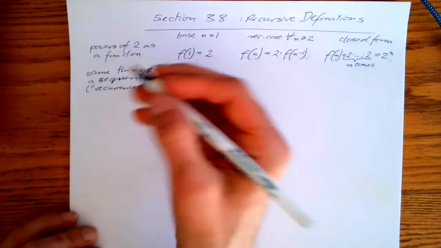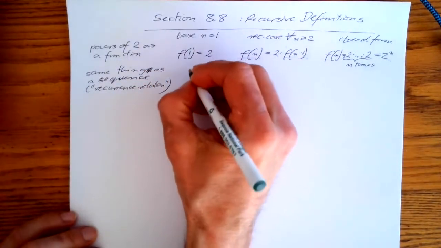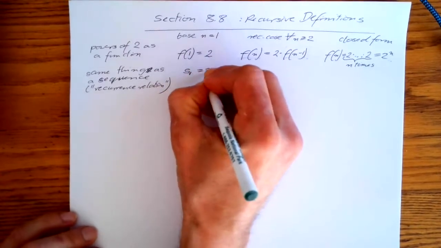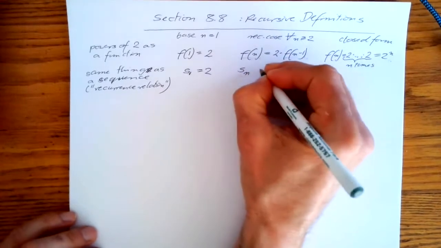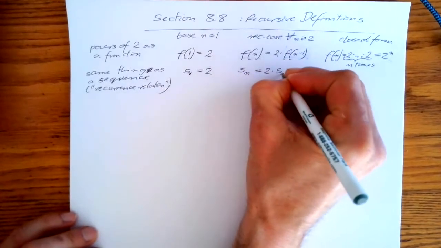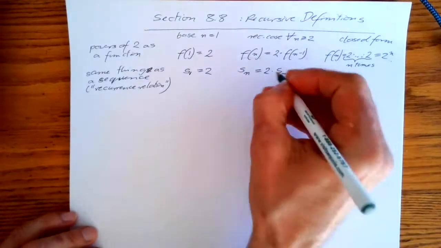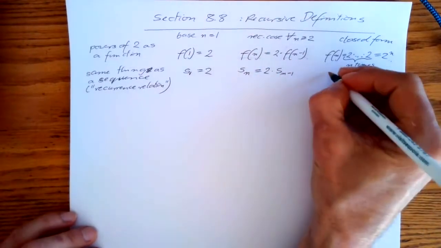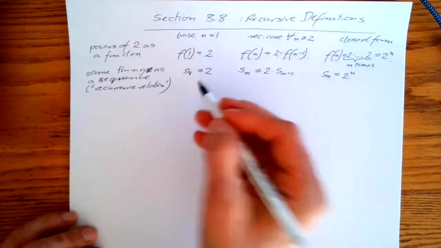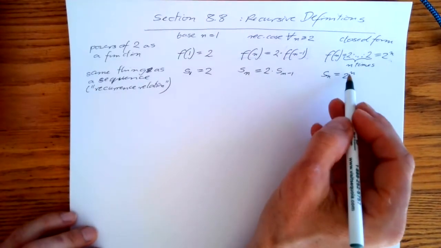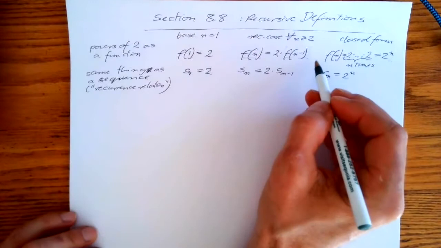So how would the recurrence relation that defines the same thing go? The first element of the sequence is 2, and for every n after that, the nth element of the sequence is twice the previous element, right? And because it's exactly the same thing, clearly S(n) is 2 to the n, and the inductive proof is exactly the same as before.